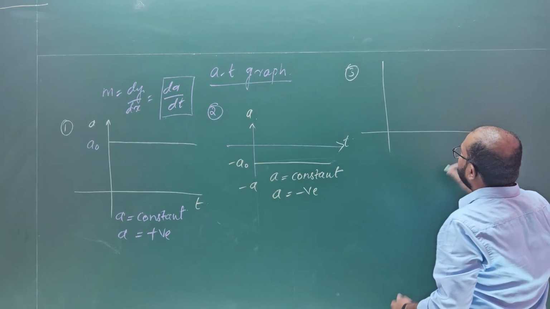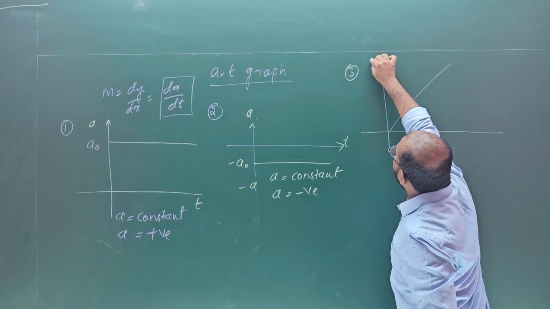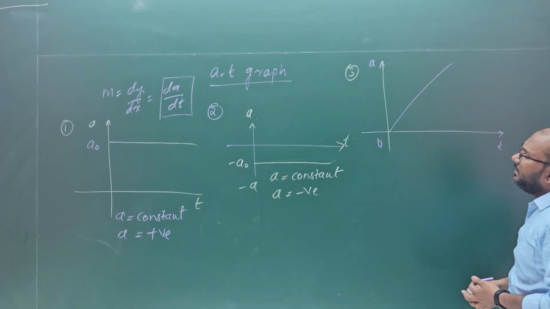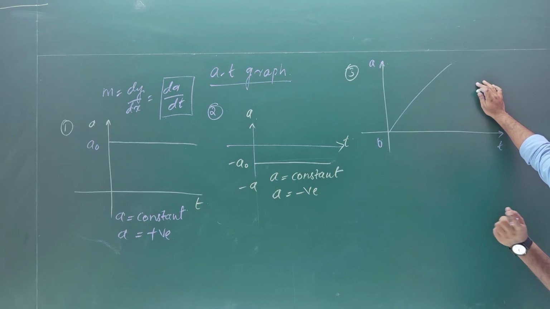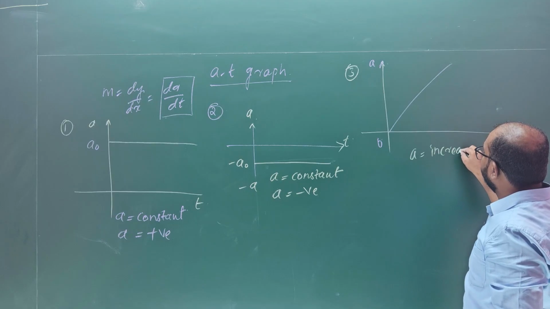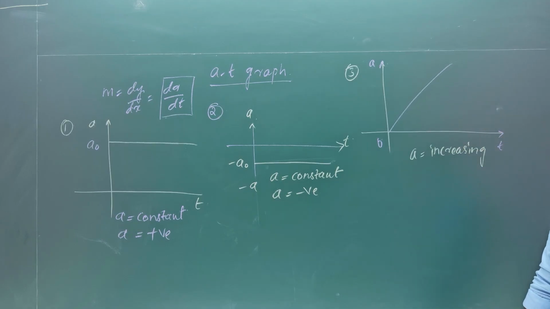The third thing: if I represent it like this, here is your acceleration, here is your time. Then this type of graphical representation will provide you the data that acceleration is increasing. First, acceleration is increasing. Second, acceleration is positive.